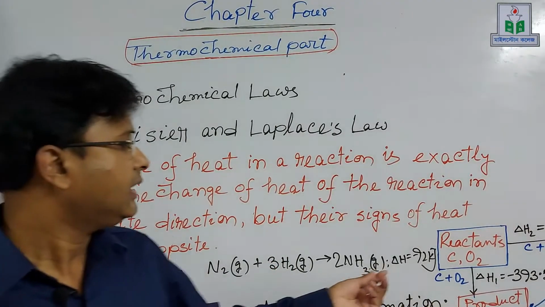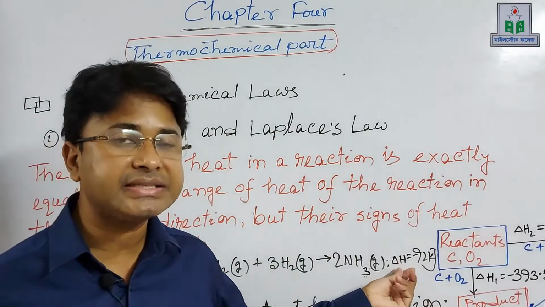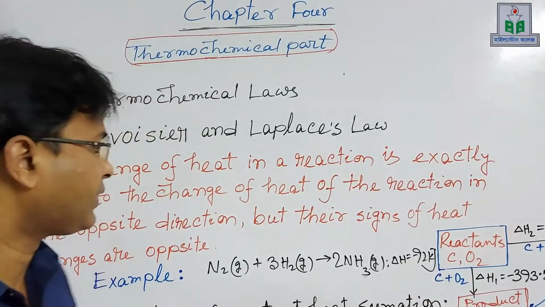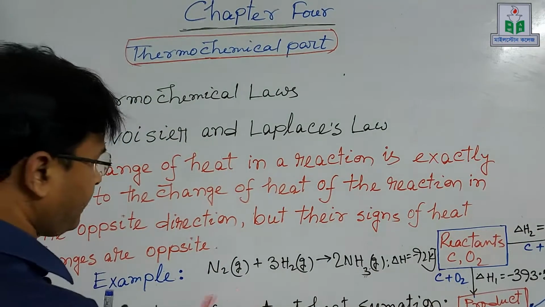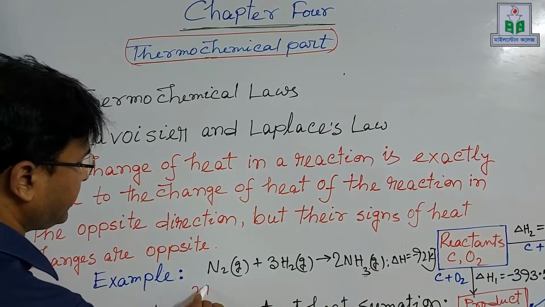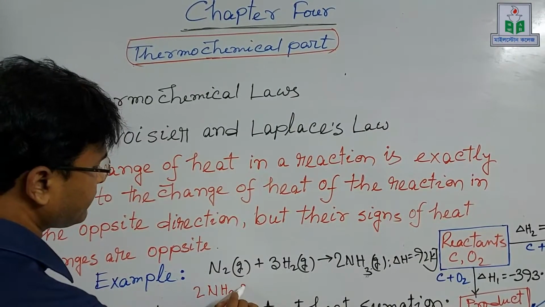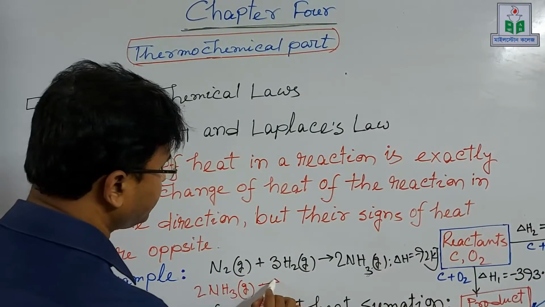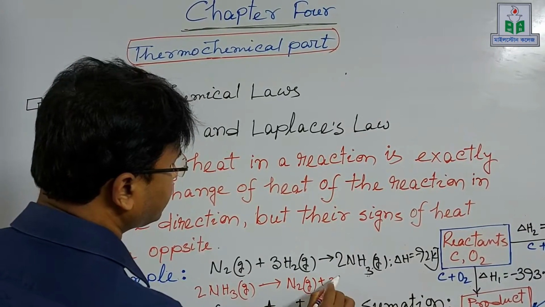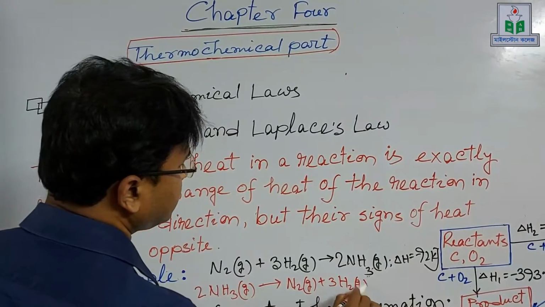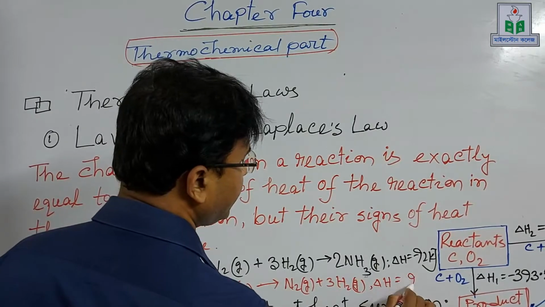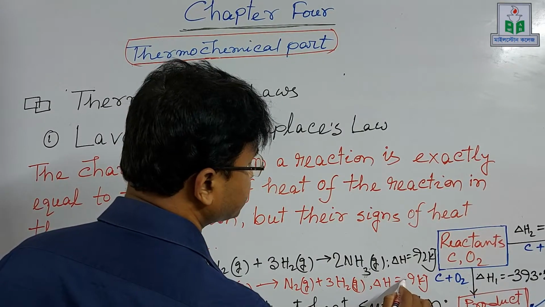And you know that when the value of delta H is negative, this is an exothermic reaction. And again, if I write the reaction oppositely, I mean ammonia gas breaks to produce nitrogen gas and hydrogen gas, here also the delta H value is 92 kilojoule, but it is positive.